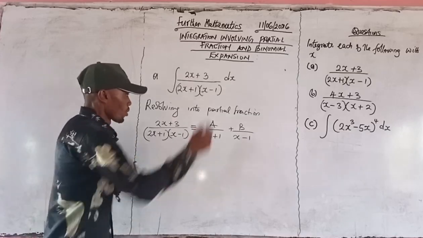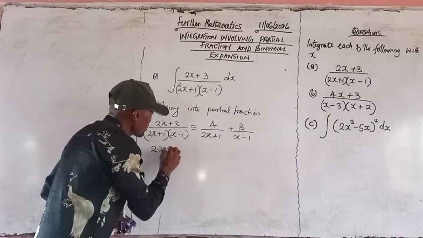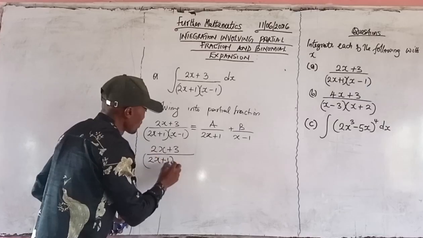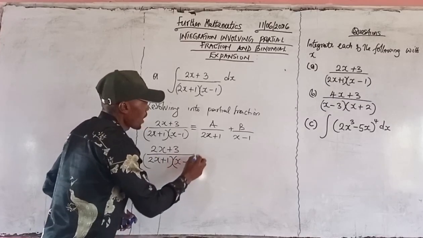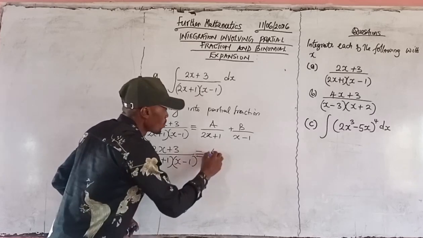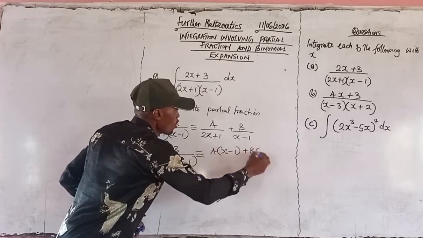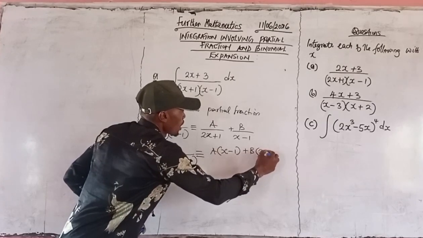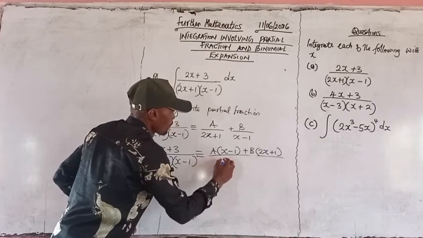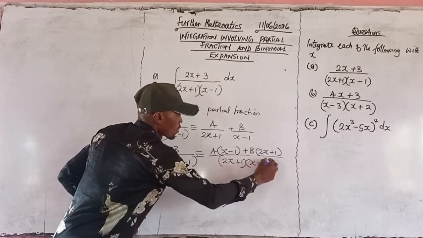Now come with me. This is equivalent to 2x plus 3 all over (2x plus 1)(x minus 1), equivalent to A(x minus 1) plus B(2x plus 1) all over (2x plus 1)(x minus 1).